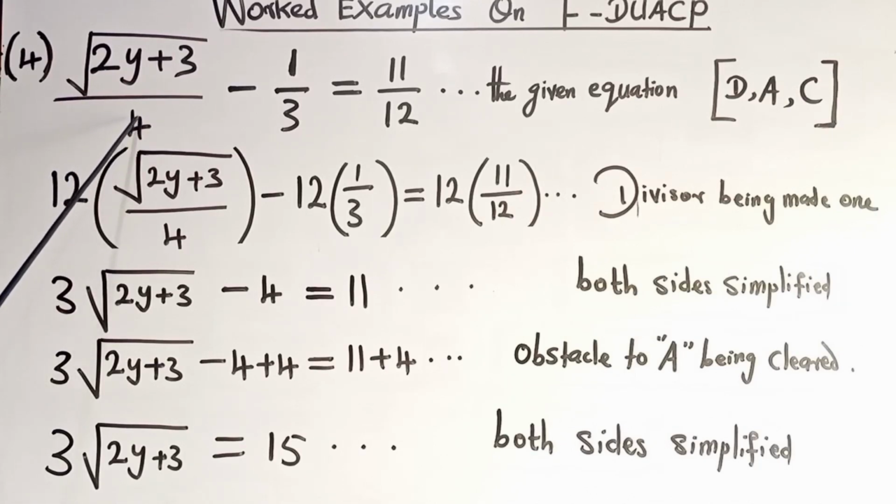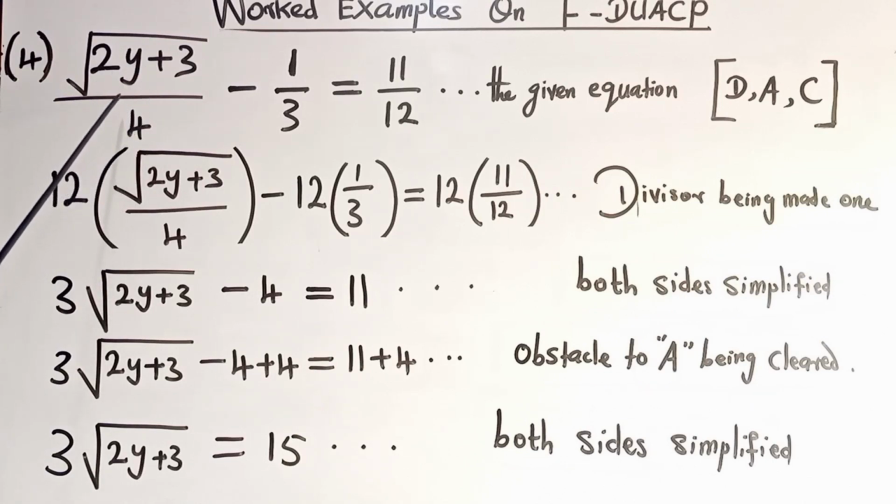But for now, we can start right away because this divisor, which is 4, under this y, is free. It is not enclosed in a common root, neither is it enclosed in a common square or a common power. Right now we can apply it.